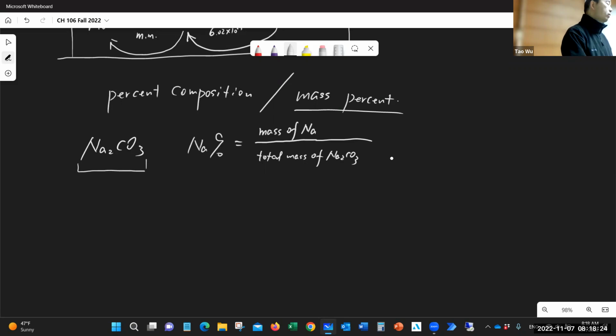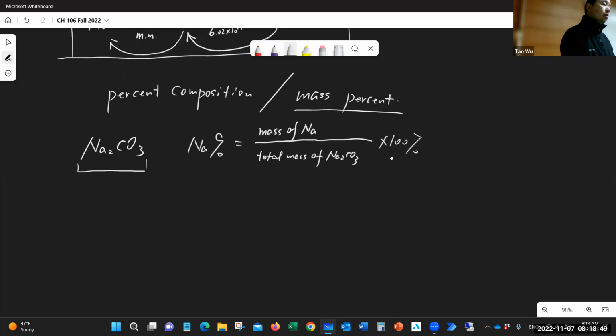So the molar mass of sodium times 2 is going to be the mass of the sodium. And you divide by the total mass of the sodium carbonate, which is the total molar mass of the sodium carbonate. And then you times 100%, you will get the mass percent.